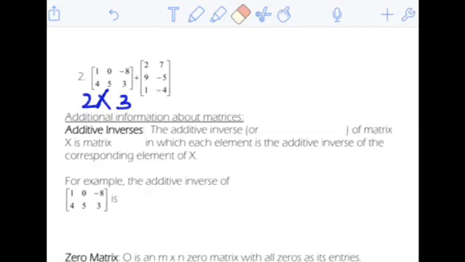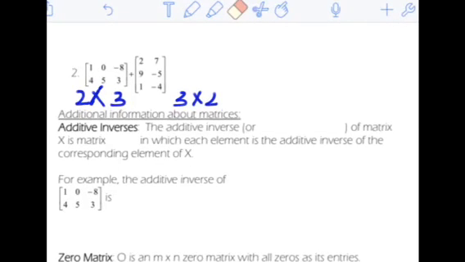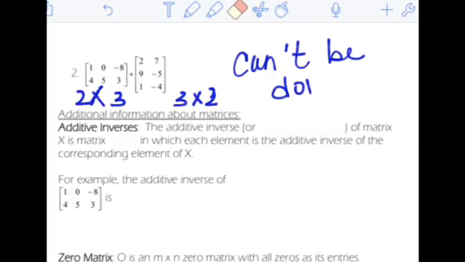But this second matrix has 3 rows and 2 columns. So they are not the same size matrix at all. So when you encounter two matrices of different sizes and you try to add them, you simply say it can't be done. You can only add matrices that are exactly the same size.